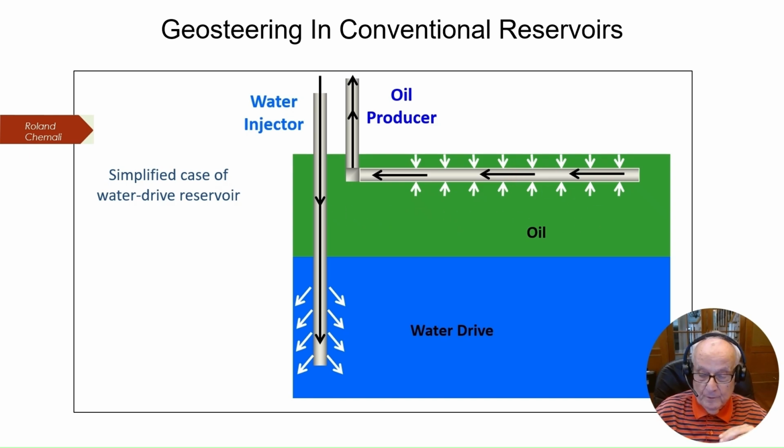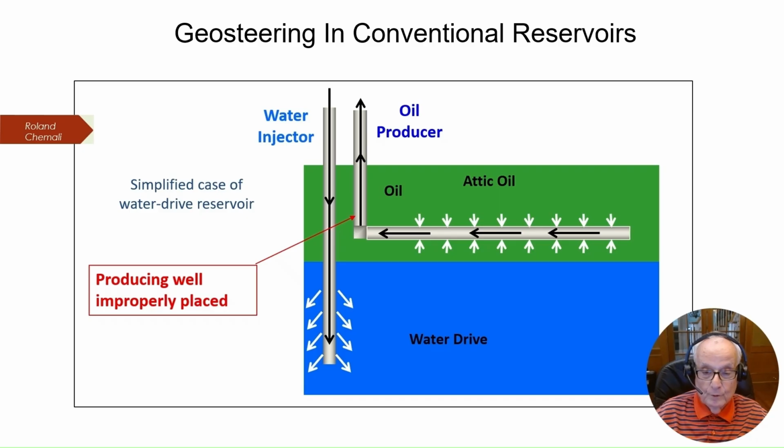Now, if the oil producer had been low on the structure, then as the oil water contact rises, you will start producing water and you will leave attic oil behind. And that's not a very desirable situation. That's why how you place your well is very important for the ultimate recovery of the oil. Now, if you were in a situation of a gas drive, it would be reversed. You would want to keep the producing well close to the oil water contact.